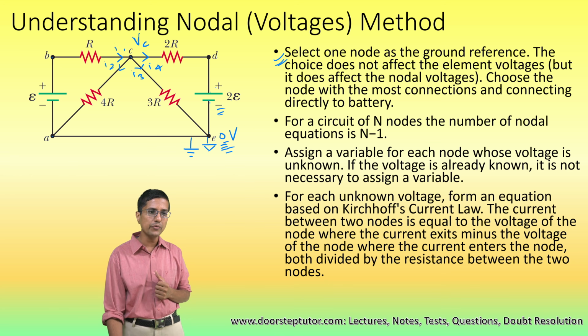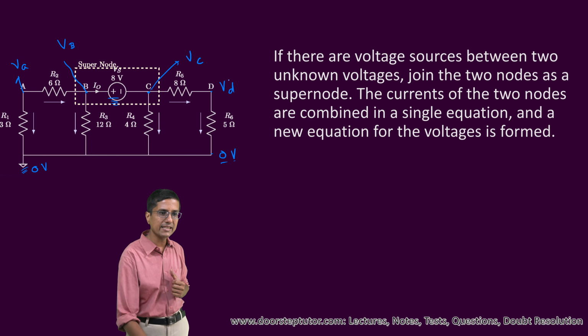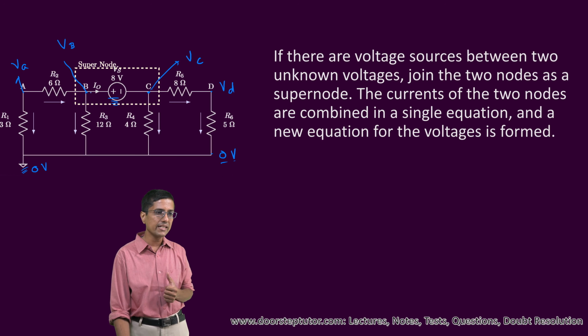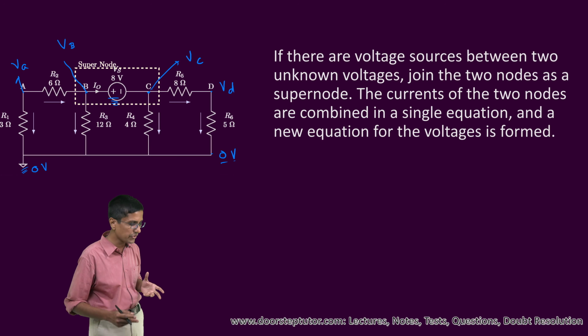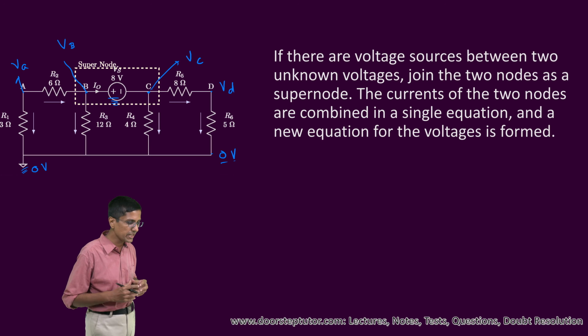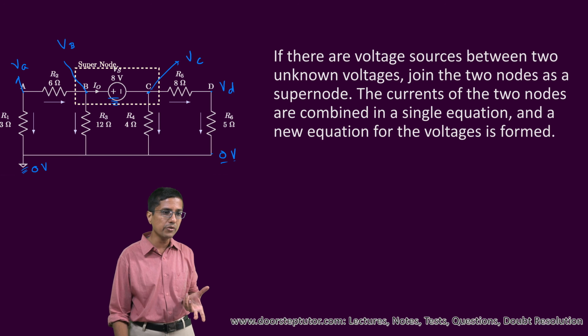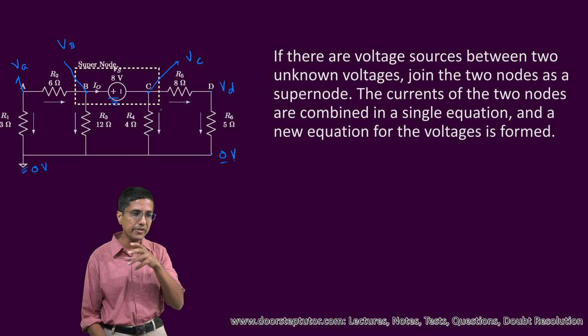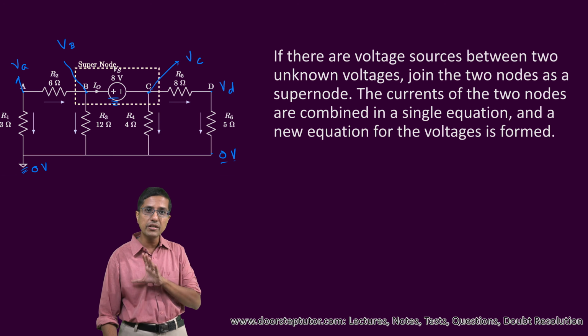So we knew that the other end of the battery would be at 0 volt plus 2 epsilon. In this case, that is not the case. Here the battery is appearing between nodes for which we don't really know the voltages.